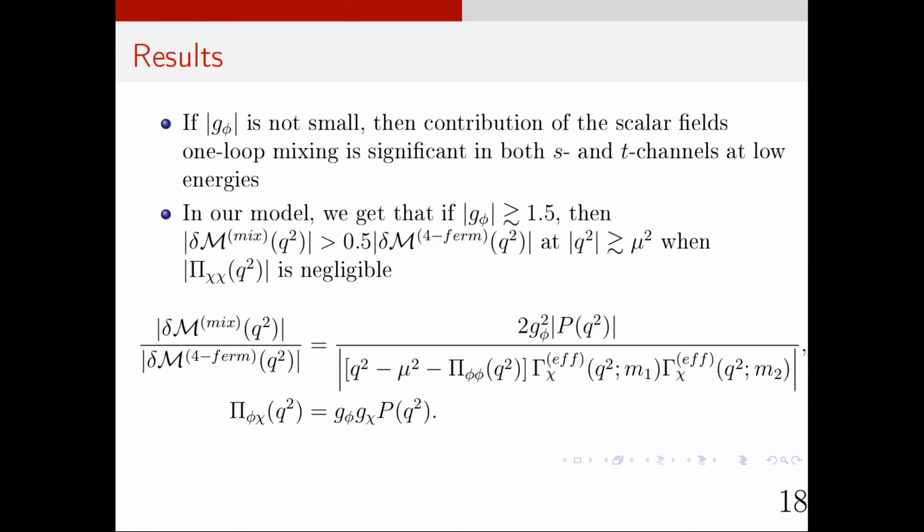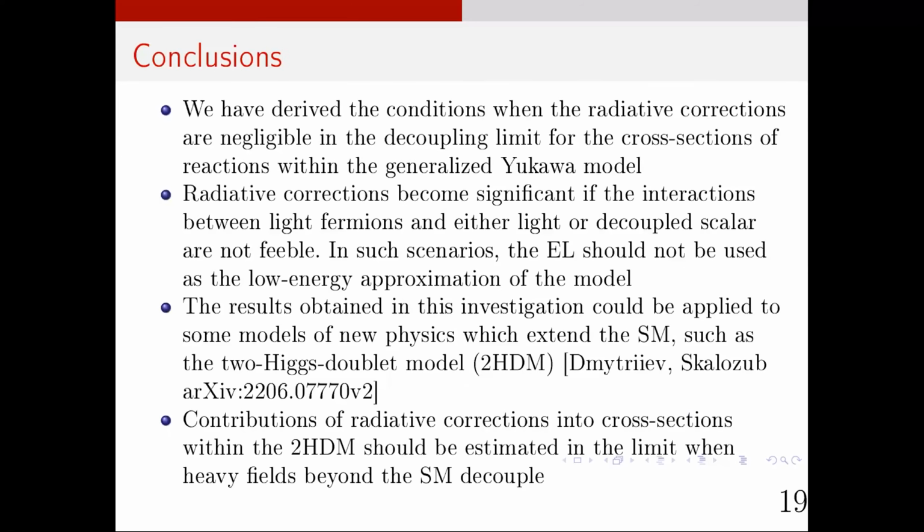So finally, we conclude that if Yukawa interactions of light fermions are not feeble, then loop corrections are sizable, and we could not apply the effective Lagrangian to describe observables at low energies.